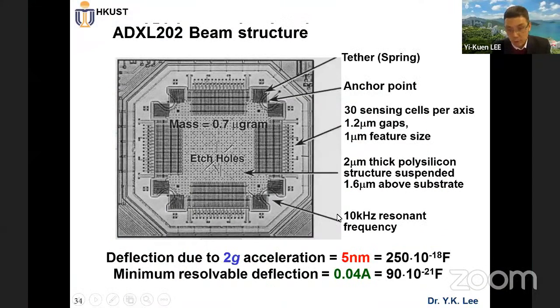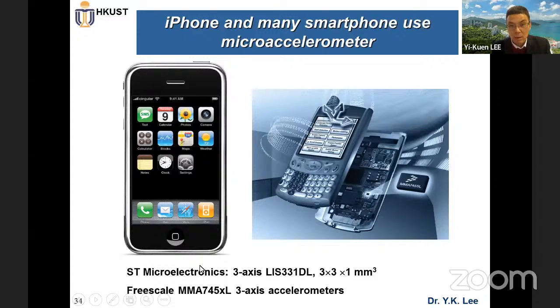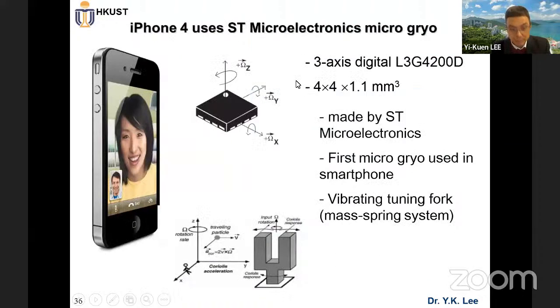Of course, as I showed you, this is a very sophisticated design, a micro mass-spring system. Now every iPhone and smartphone has a 3-axis motion sensor, a MEMS accelerometer, and also a gyroscope. Gyroscope is also quite important.